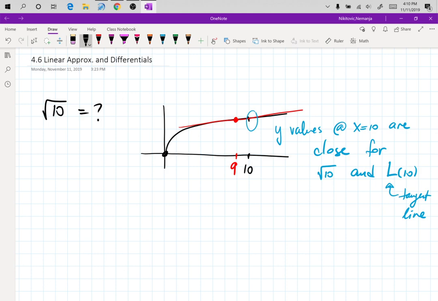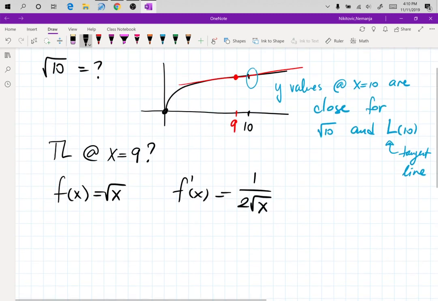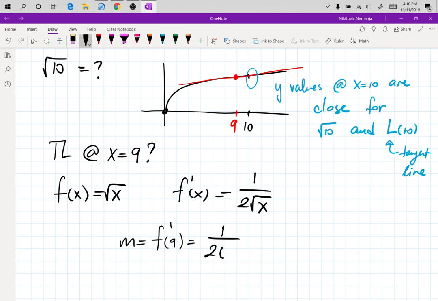So what's my tangent line at x equals 9? Well, we start with our function, which is square root of x, and we find the derivative, which is 1 over 2 root x. And we find the slope m when we plug the value into the derivative, which is 1 over 2 times square root of 9, which is 1 over 6.